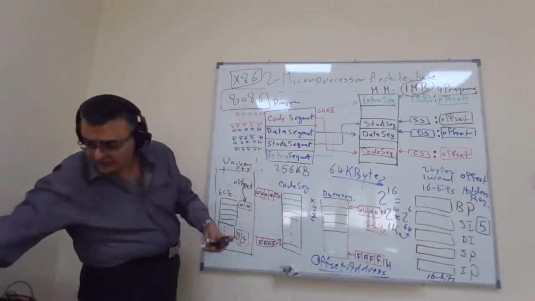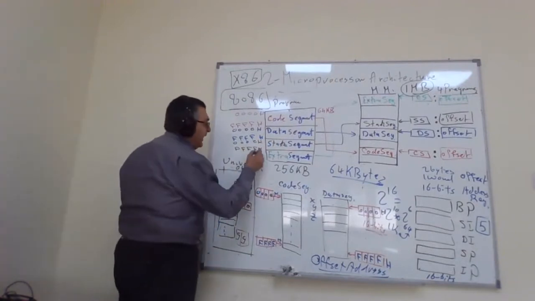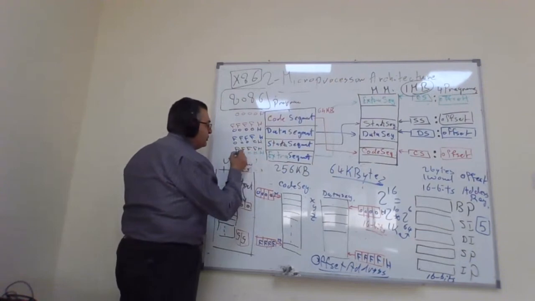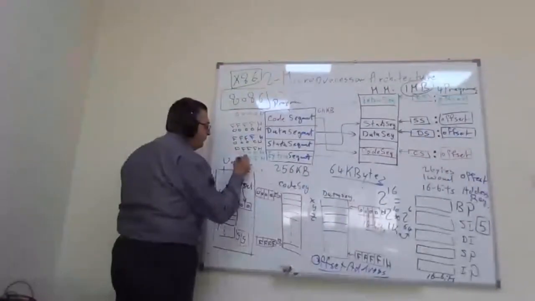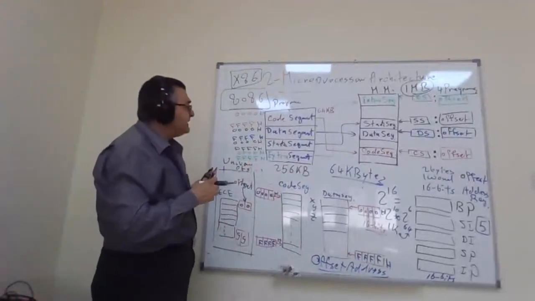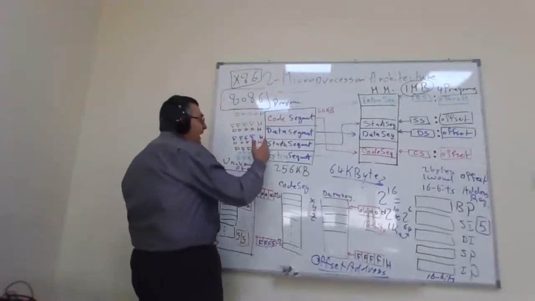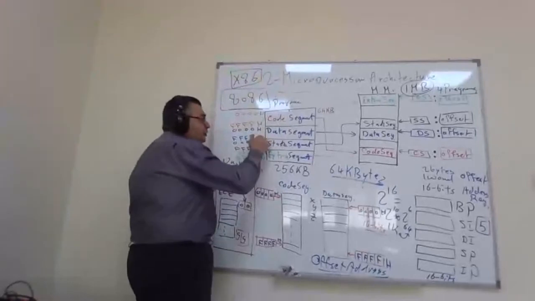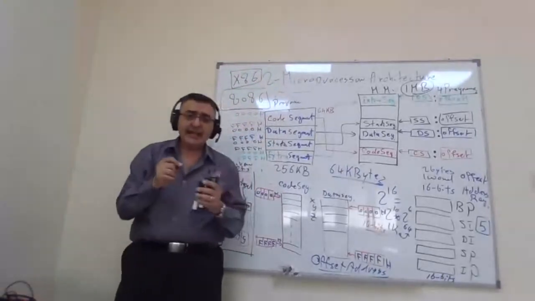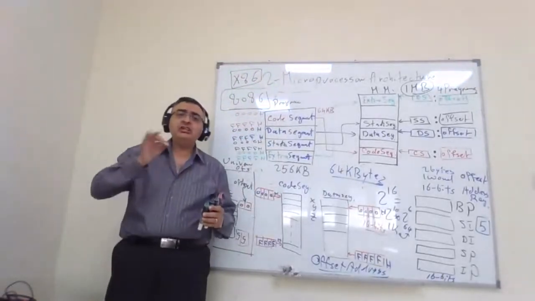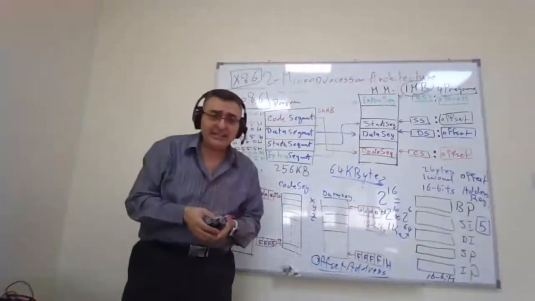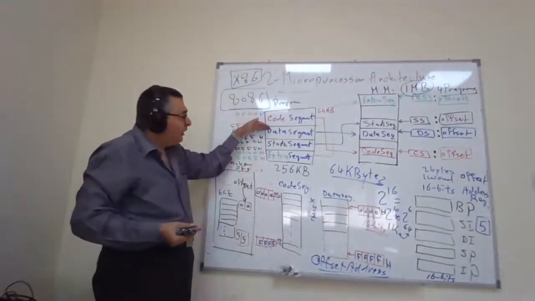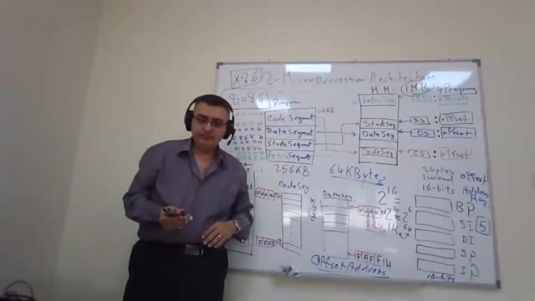The same thing for the extra segment, starting at 0000 and ending at FFFF. Right now, as a developer of the code, you can write your code, you can recognize and know where each variable is stored relatively.